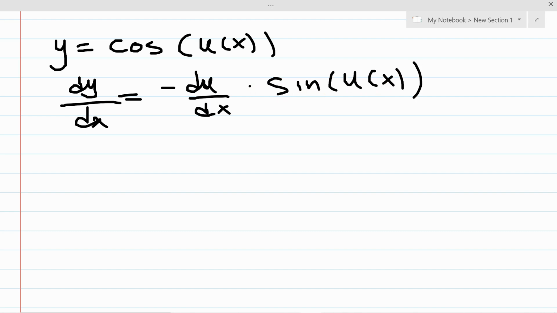What this means is that when you differentiate cos, you get a negative sign. So when you differentiate cos of something, you get negative sine of that, and then you multiply by the differential of the bracket, the u of x.